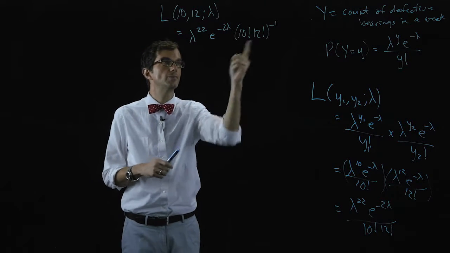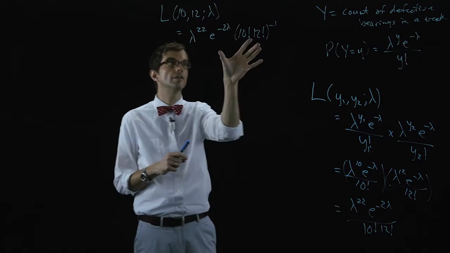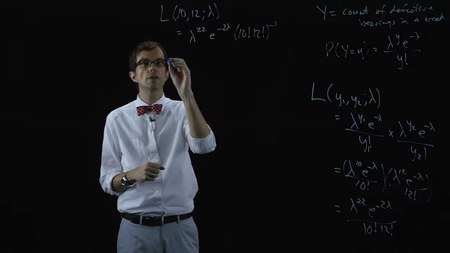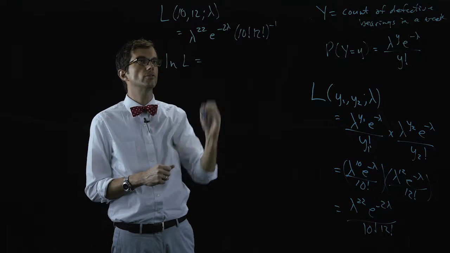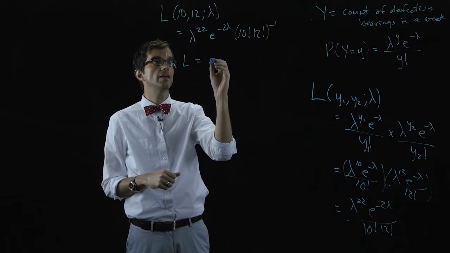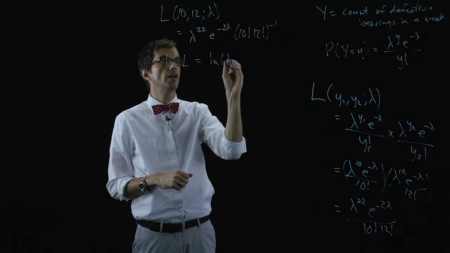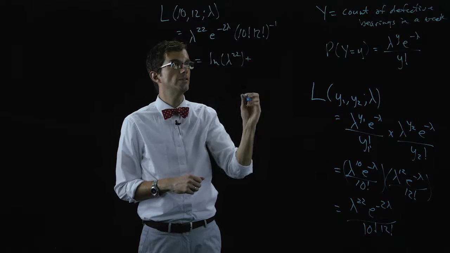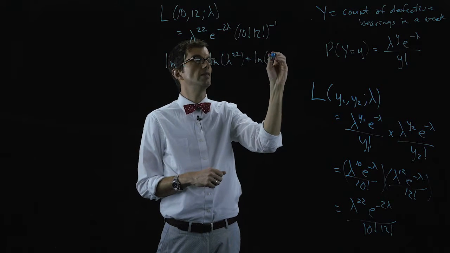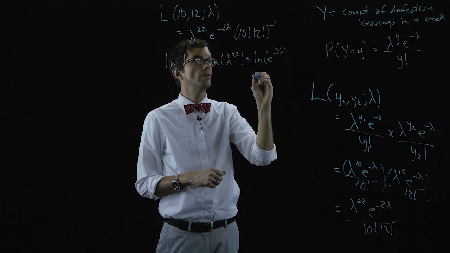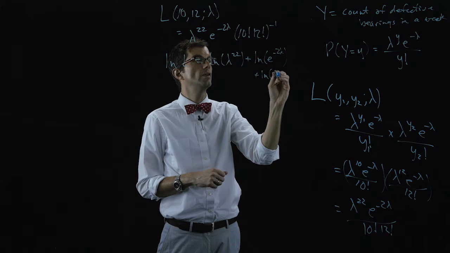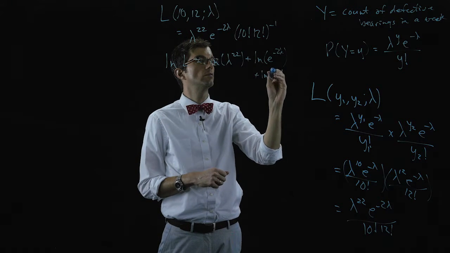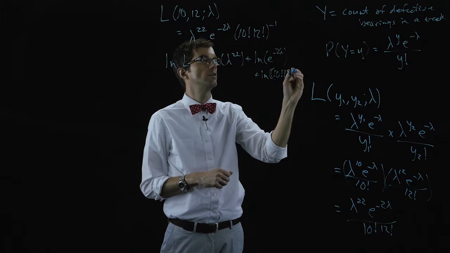So we've got three things multiplied together. If we take the natural log of both sides, that is the natural log of lambda to the 22 plus the natural log of e to the minus 2 lambda plus the natural log of 10 factorial, 12 factorial to the negative 1.